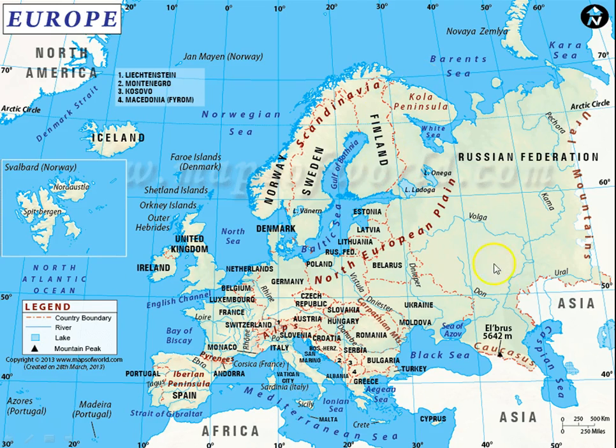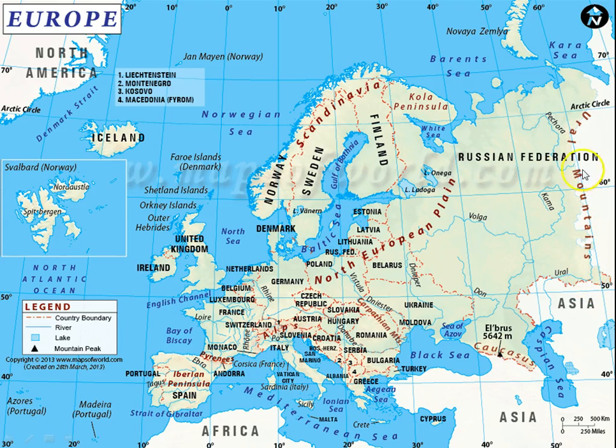On the eastern side you find a country called Russia. Officially Russia is part of Asia, but when we study Europe, part of Russia is also presented on Europe's map. Then the bigger thing that I can see is the Ural mountain, which runs all the way from north to the southern side.